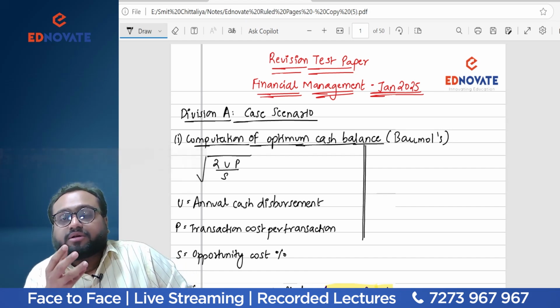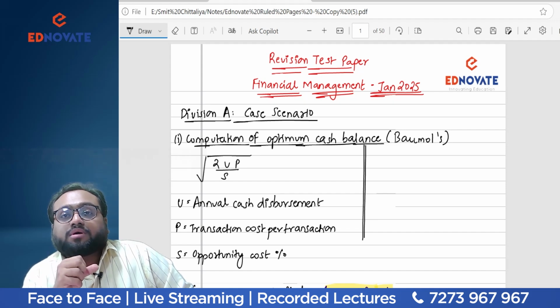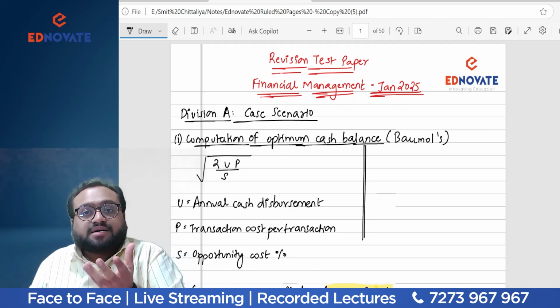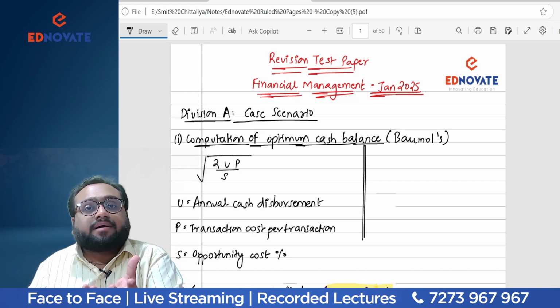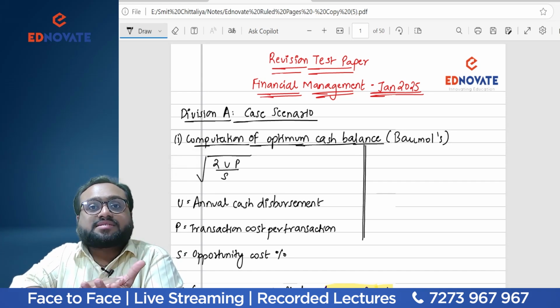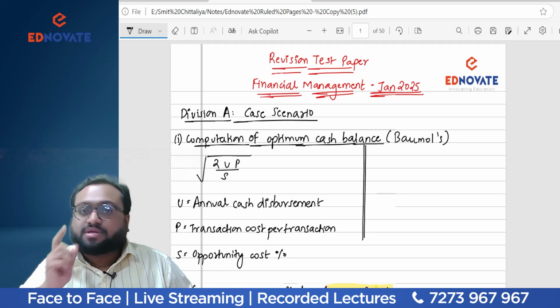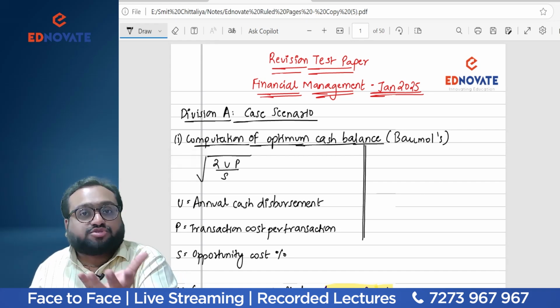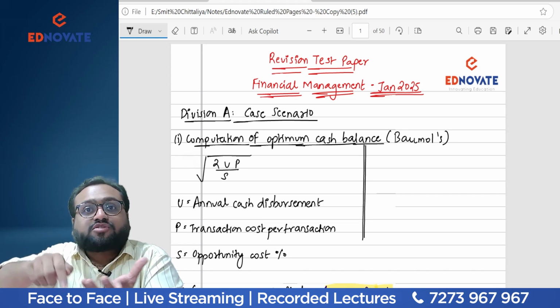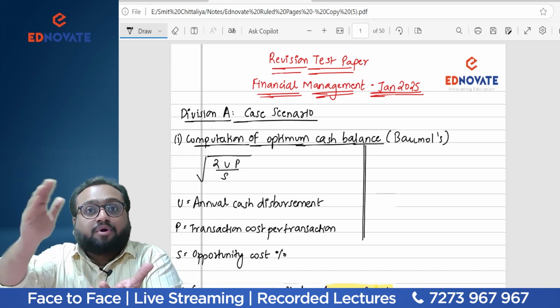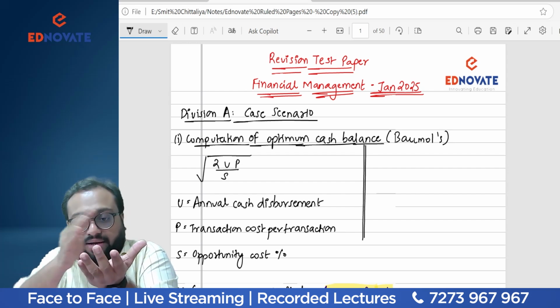Now the students who don't know the concept of William J. Baumol's with respect to optimum cash balance, what does it want to say? See, a certain amount of money is required to be kept in the cash box. If you keep any excess amount in this, you will lose an opportunity to earn on the same. Second, if you keep very little cash in the cash box, then the smooth operations of the business will be affected. So you cannot keep a very high amount in your cash box, neither can you keep a very low amount.